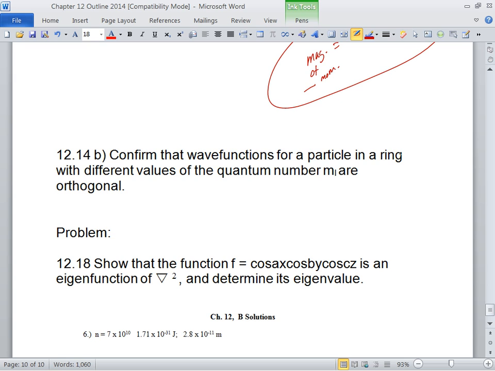I could say, confirm that wave functions for a particle in a ring with different values of the quantum number m sub l are orthogonal. What the heck? How are you going to do this? You're getting there.